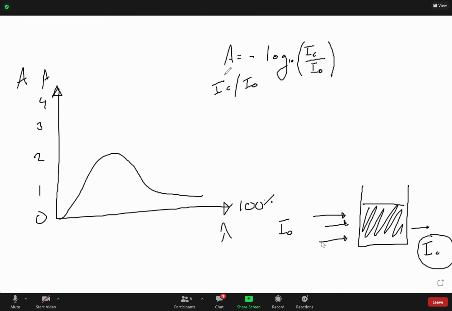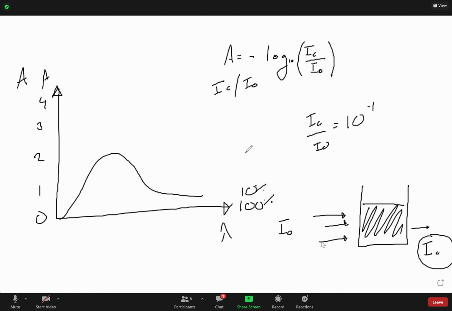So if this side of the equation is 1, we've got IC over I0 equals 10 to the minus 1. If you take this minus sign over and then put both sides to the power 10, you get this. What's 10 to the power of minus 1? 0.1. Yeah, or 10%.